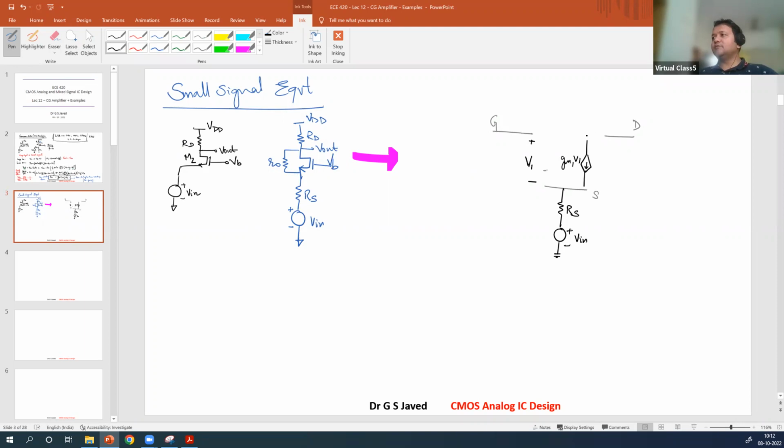This is a VGS supply. Then you have R0. After R0, in this case the gmb is not connected to ground, so in this case you'll have the gmb factor also.